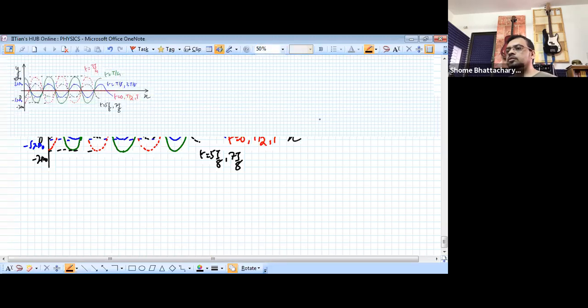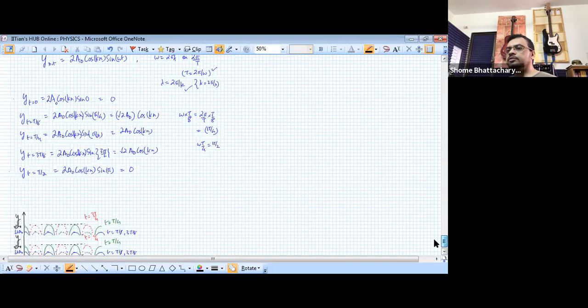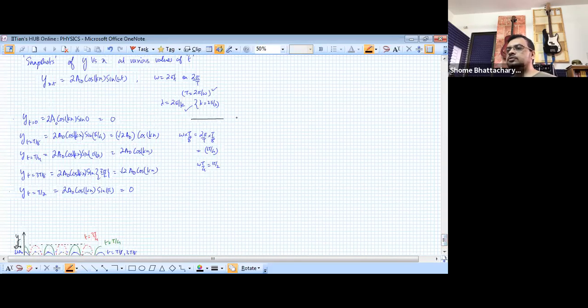So what I'll do is we'll go back to the equations first, and where you've written the equations, you can see the individual graphs also. So here, this is y equal to 0. Then this one is y equal to root 2 a naught cos kx.